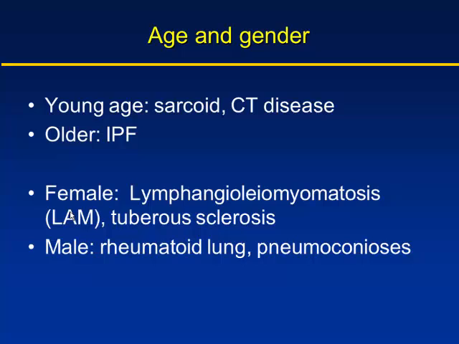If somebody comes in with pulmonary fibrosis and the biopsy shows UIP and the patient's 40 years old, you might want to look more carefully into collagen vascular disease or something else. Females, LAM, tuberous sclerosis. Males a little bit more with rheumatoid lung and with the pneumoconioses, but that's more likely related to occupational choice as opposed to anything genetic.